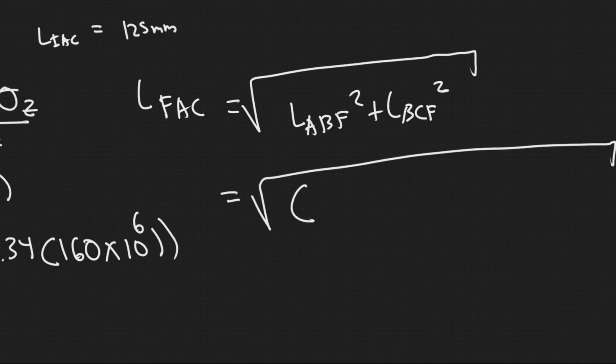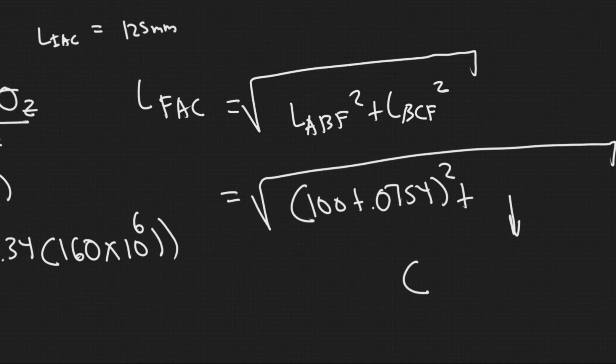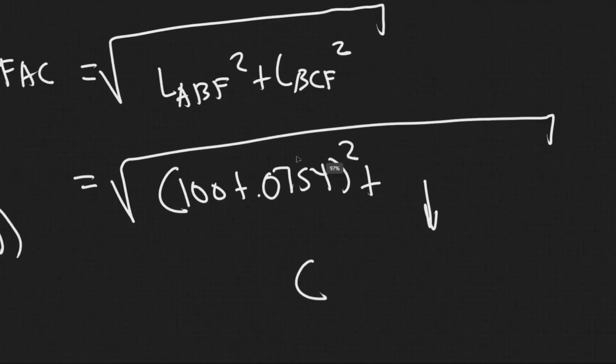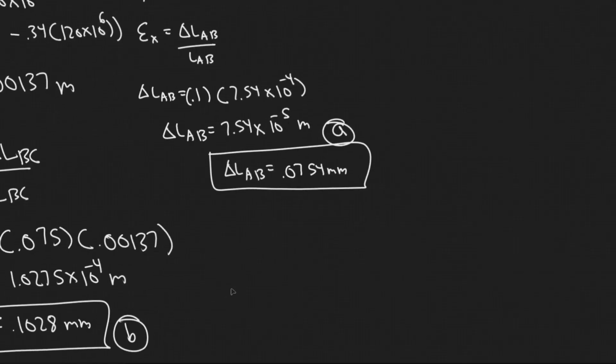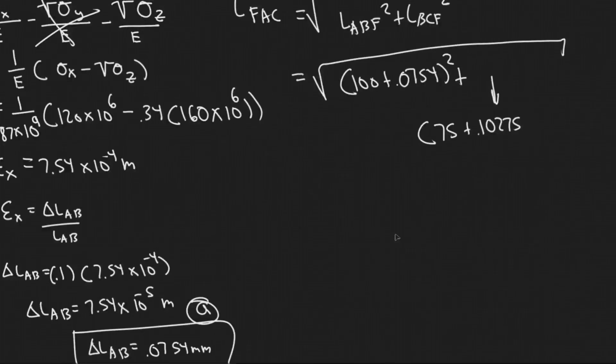So you're going to have LAB final is, initially it's 100 millimeters, and then it's going to change 0.0754. That gives us the final length, plus, and then I'm just going to write it down here. This is going to be 75, right? 75 millimeters is what it is initially, plus 0.10275. Make sure that's right. Or yeah, I'm just taking the more accurate value.